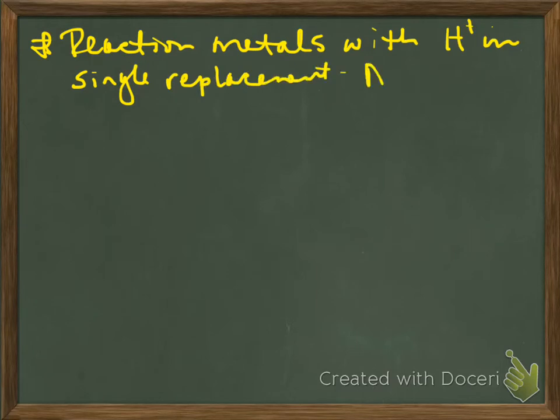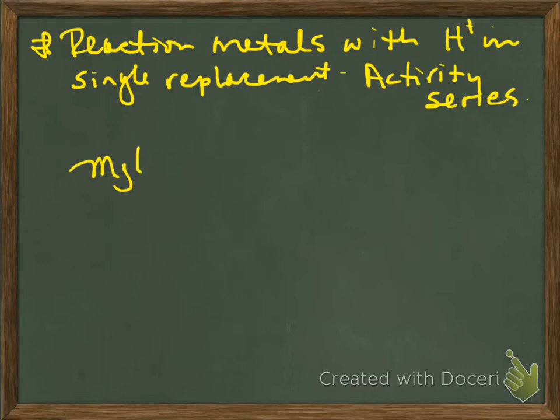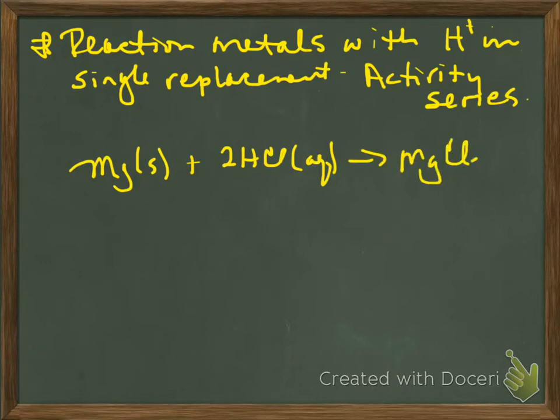Remember, you have to look at the activity series to determine whether the reaction will actually go or not. In the case of magnesium plus hydrochloric acid solution, it goes to magnesium chloride, which is aqueous, and hydrogen gas. That would be the single replacement reaction.